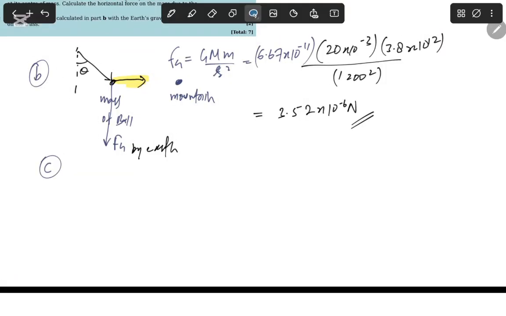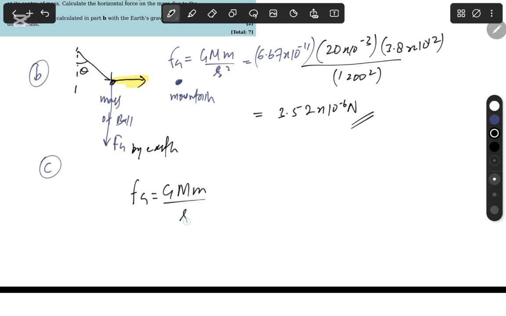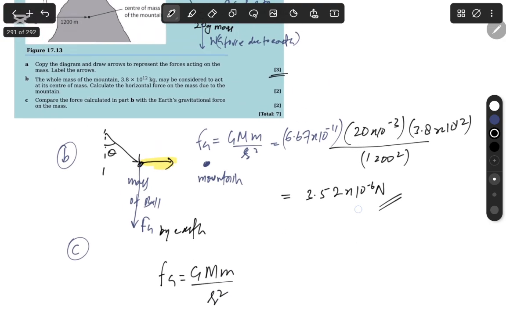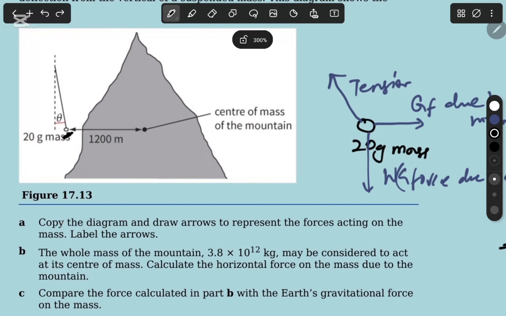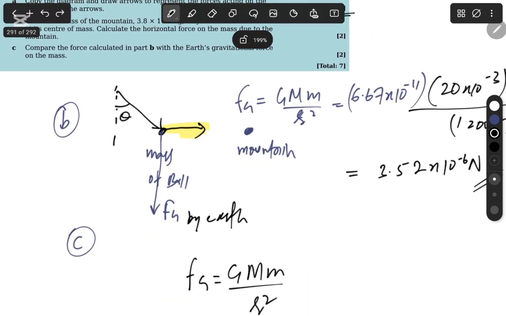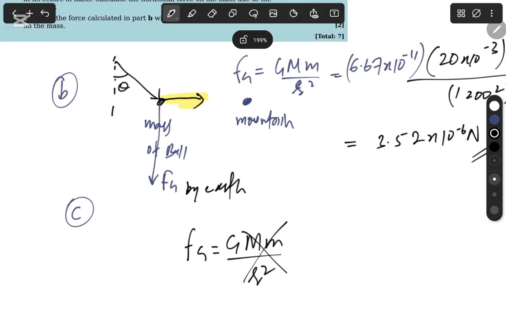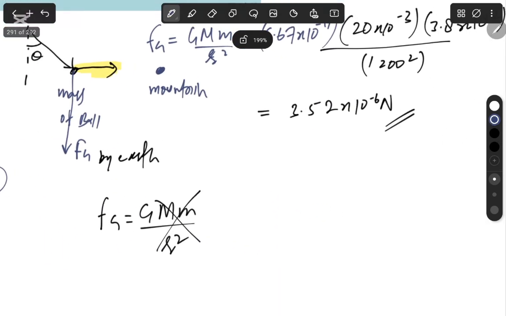Let's find the gravitational force, which is Fg equals Gmm over r squared. Now I'm going to ask you a question. Do we know the distance from the mass to the Earth's center? We don't. Because of that, we can't really use this formula. But we can use another formula. We know that this force is also equal to mass times g.